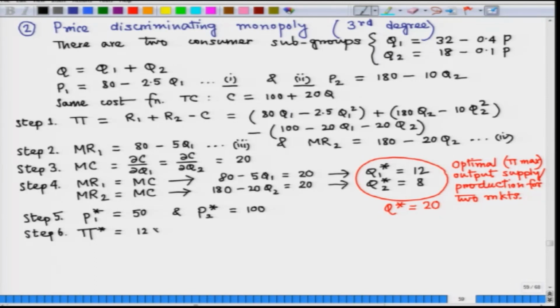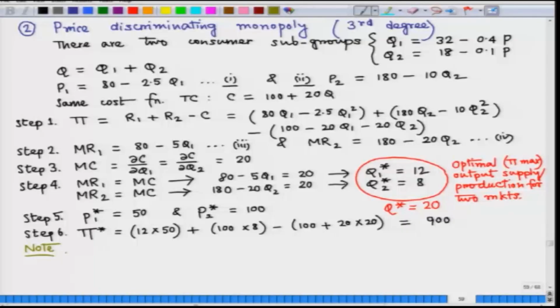So, let us now plug in the optimum values of P and Q and compute the profit level. So, if we compute, it is going to be 900.